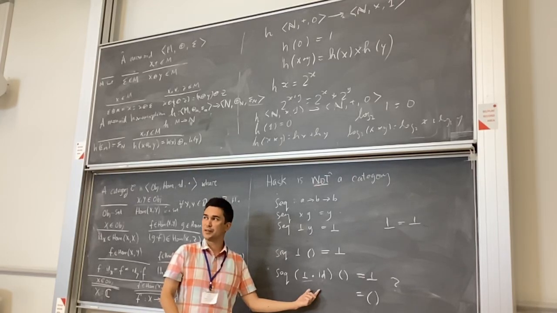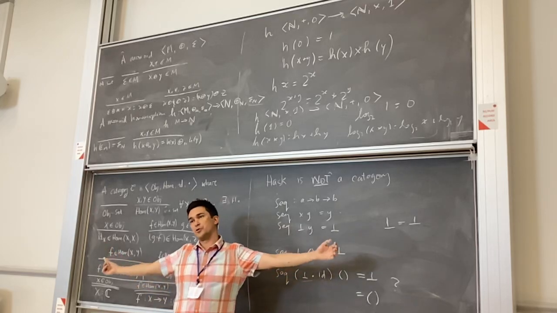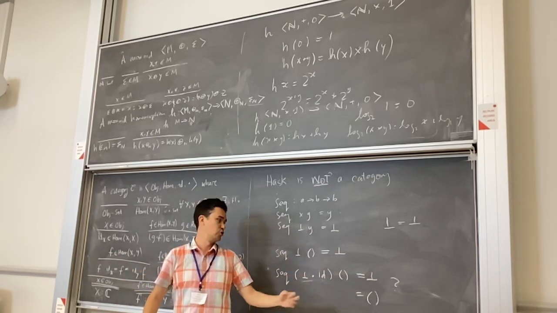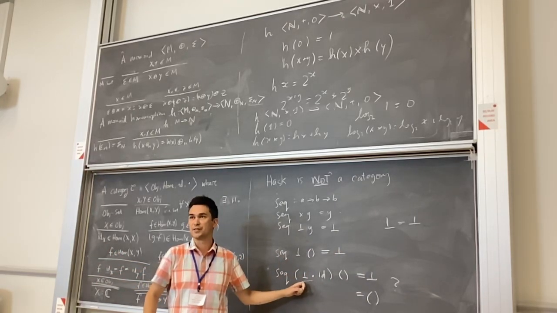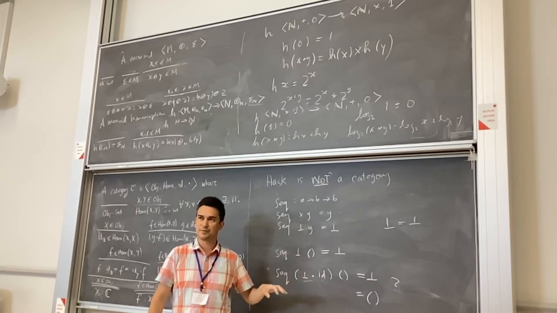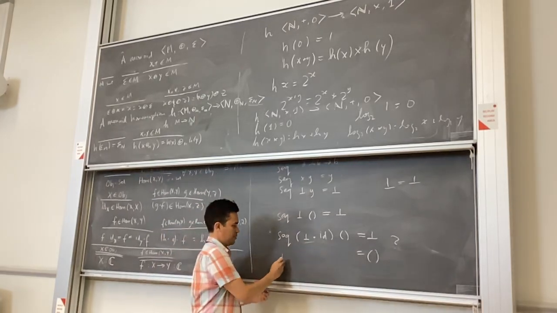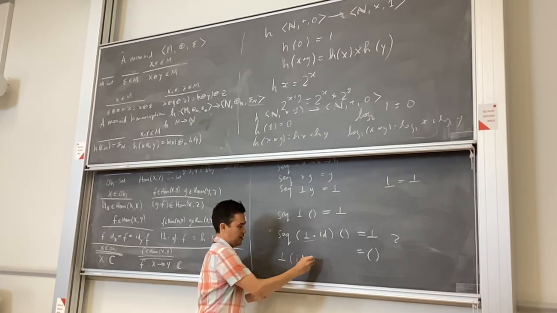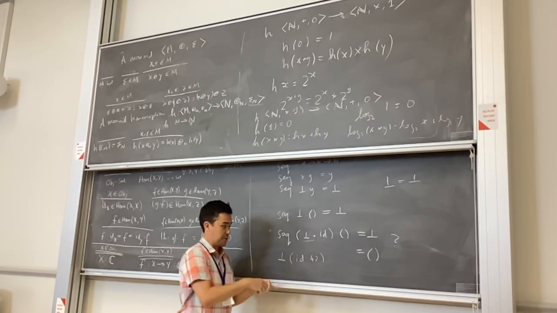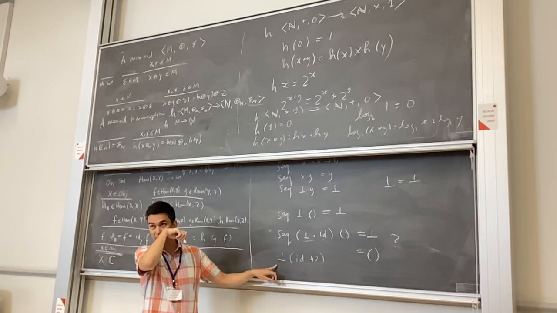But Haskell is a lazy language, so it would normally do the outside first, the outermost thing working its way in. But because this is a function, we don't do anything right now. If I were to apply bottom to something, now I'm in trouble.